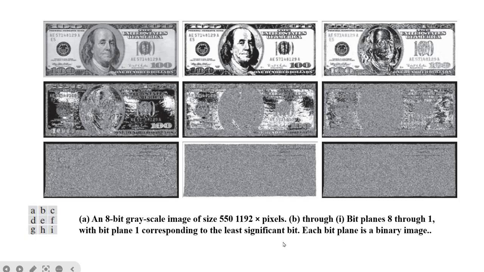So the decomposition of the image into bit planes is useful for analyzing the relative importance of each bit in the image. And this type of transformation is also useful in image compression, where fewer than all planes are used in reconstructing the image. Suppose these bits we don't want, so we will not consider them.